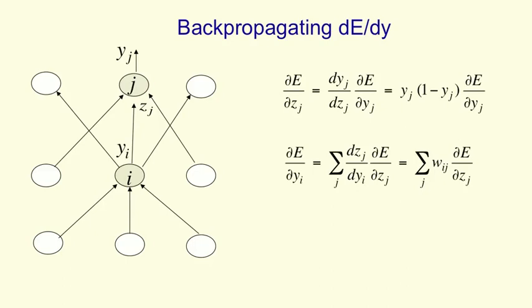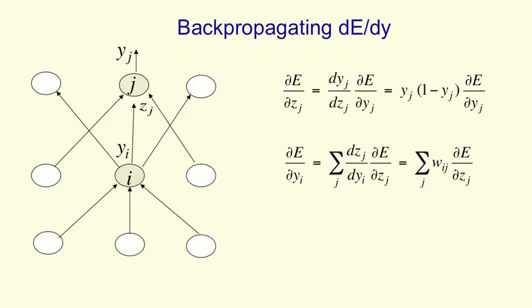So the first term there is how the total input to unit j changes as we change the output of unit i. And then we have to multiply that by how the error derivative changes as we change the total input to unit j, which we computed on the line above. And as we saw before when studying the logistic unit, dz_j by dy_i is just the weight on the connection, w_ij.